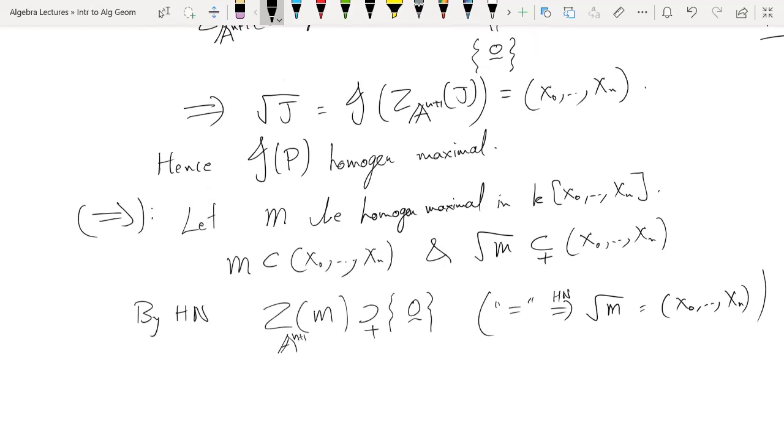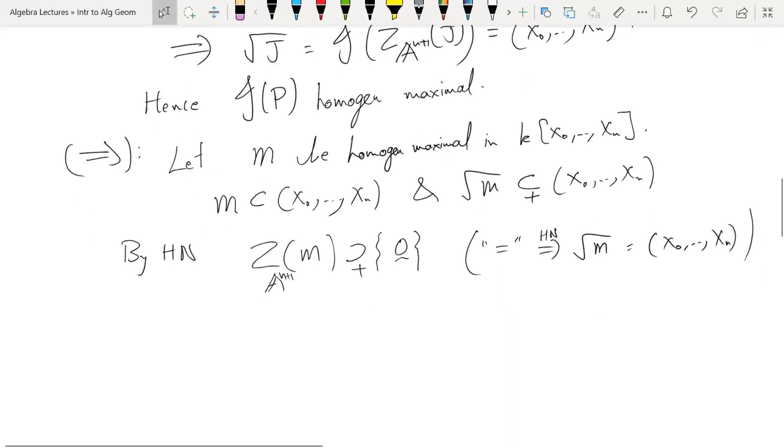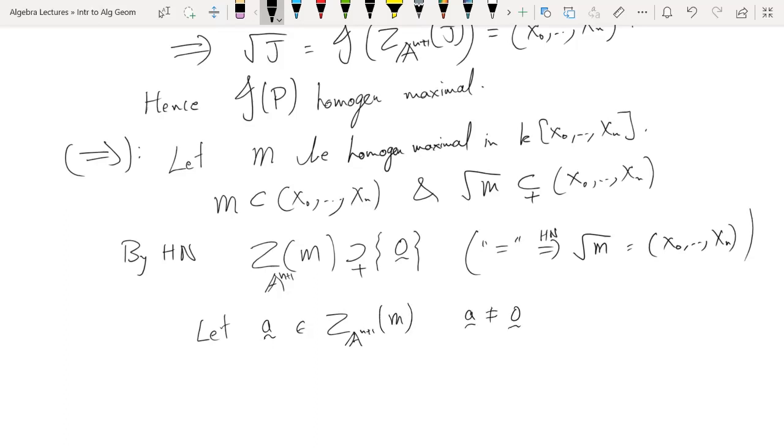So now you just take some point. Let A be a non-zero element.